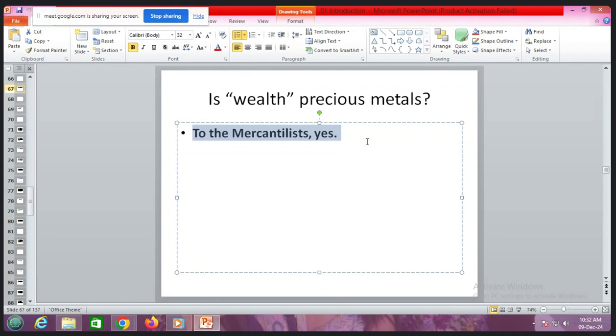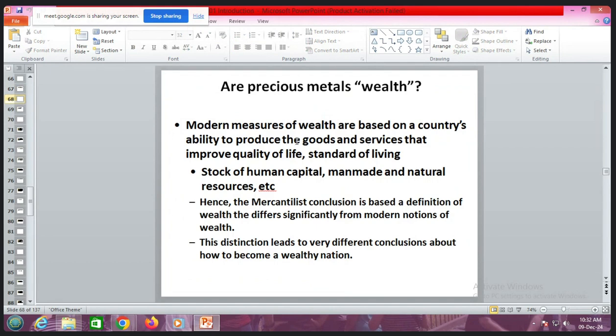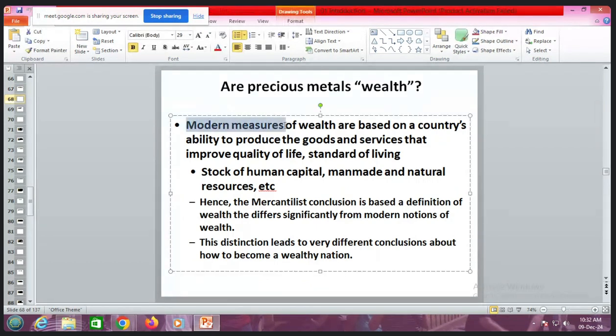So when we look at the mercantilist point of view here, wealth means precious metals, and precious metals meant growth and employment generation to the economy. But if we consider the modern measures of wealth, we can say that it is not the metals.